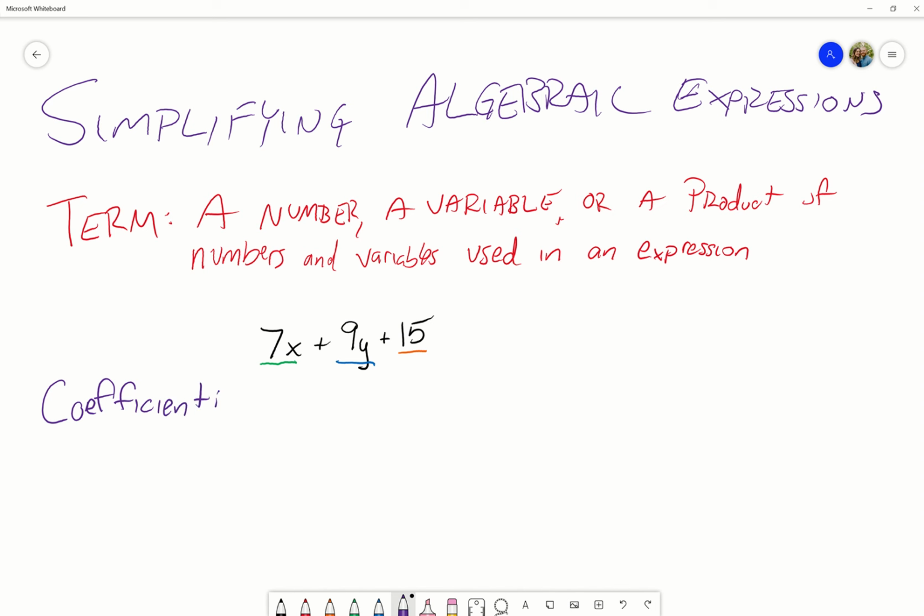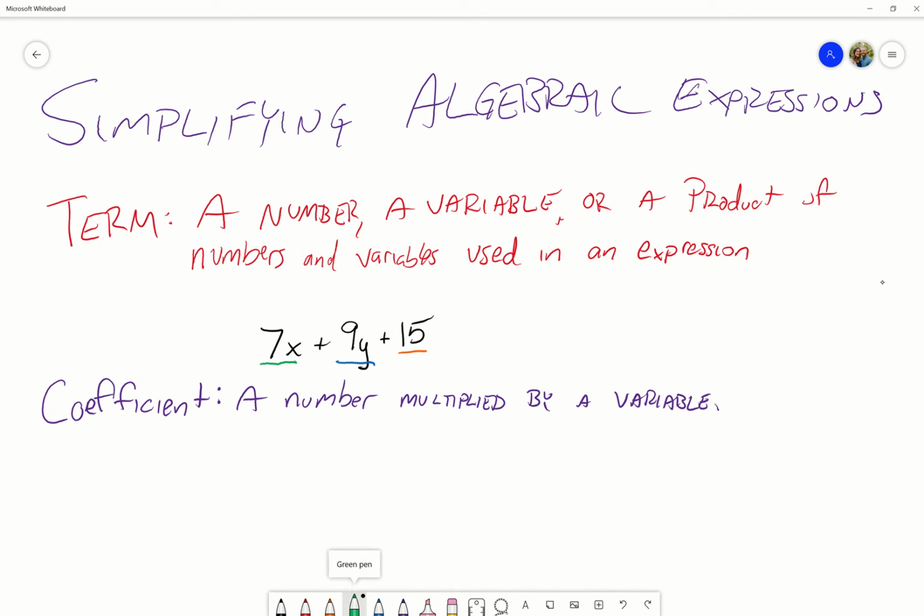All right, and a coefficient, that is supposed to be one of those. It doesn't end with an I. A coefficient is a number multiplied by a variable. It's a number that is multiplied by a variable.